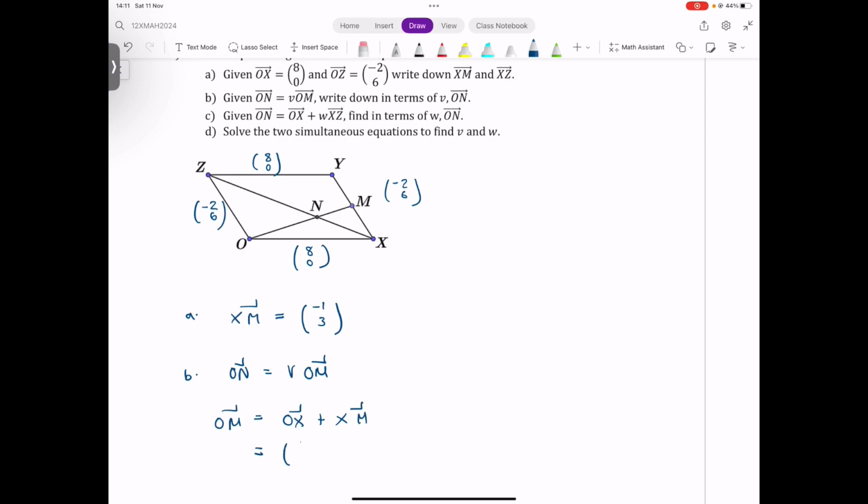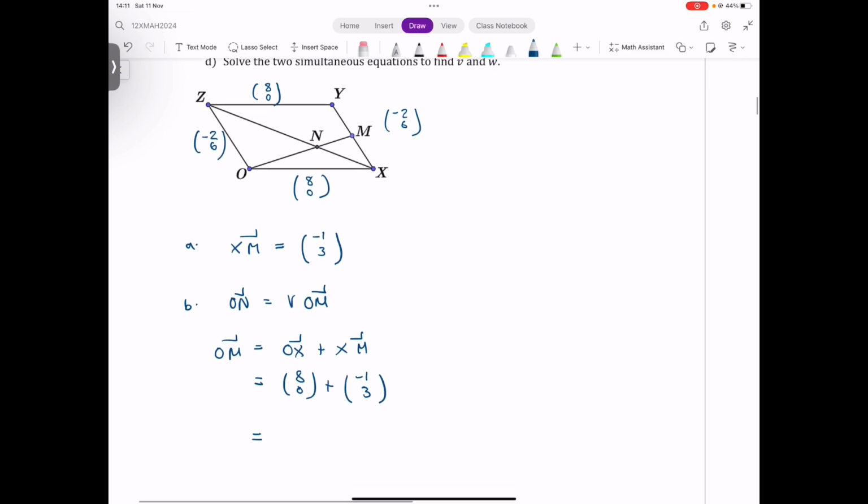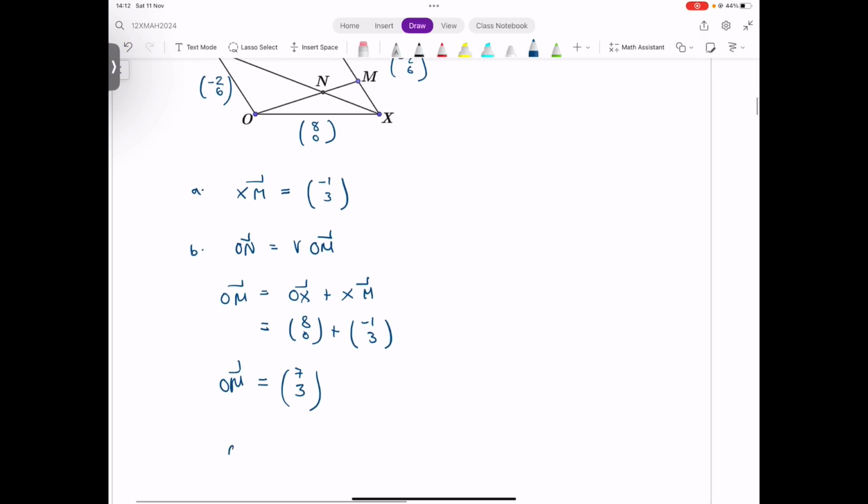Now OX is (8, 0), and XM we figured out already was (-1, 3) in the previous question. So we add those two together and we get (7, 3). Not 7 on 3, (7, 3). So OM is (7, 3), which therefore makes ON equal to V times (7, 3). And we're done.